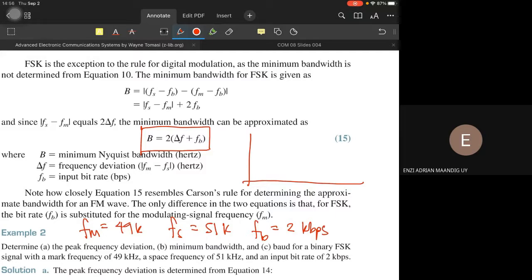Is that right? It should be FS. I want FM to be the higher one. So if FM is 51K and FS is 49, then the carrier frequency is most definitely 50K. So how much is the frequency deviation?